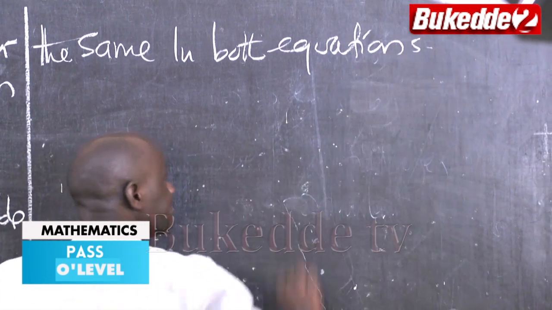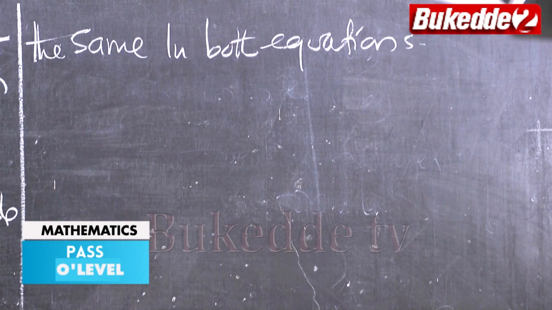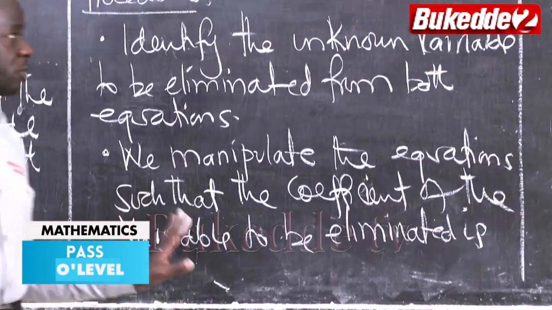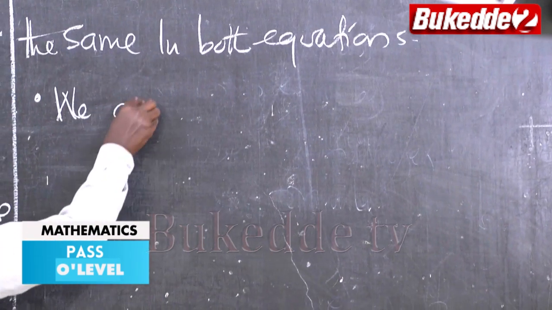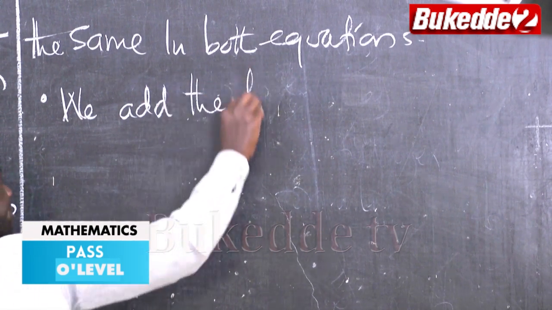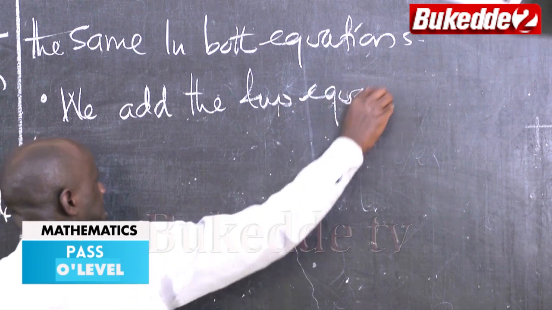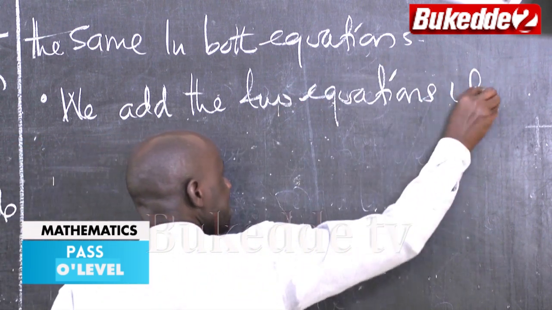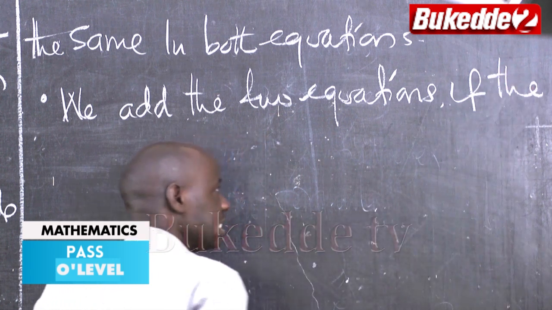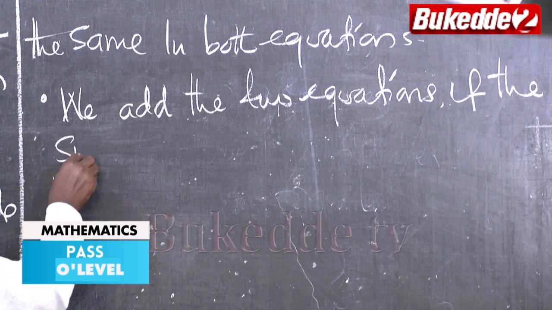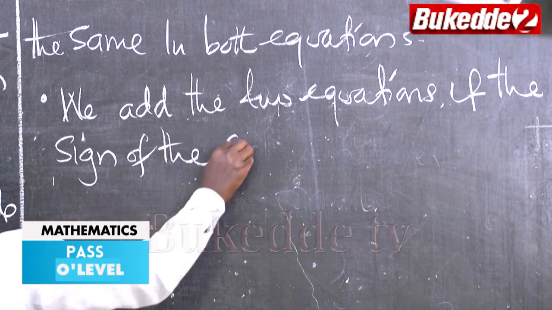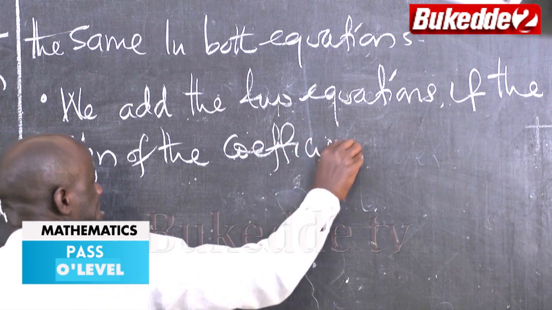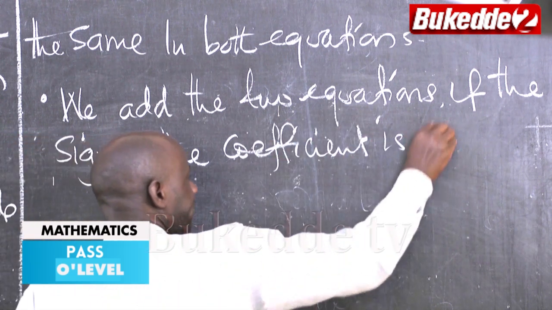So, what do we do after having ascertained that the coefficient of the variable is the same in both equations? Next, we add the two equations if the sign of the coefficient is different.